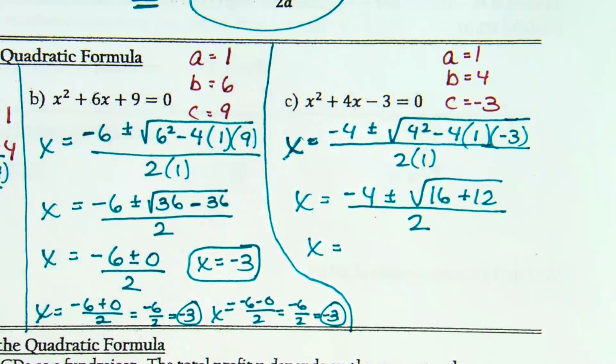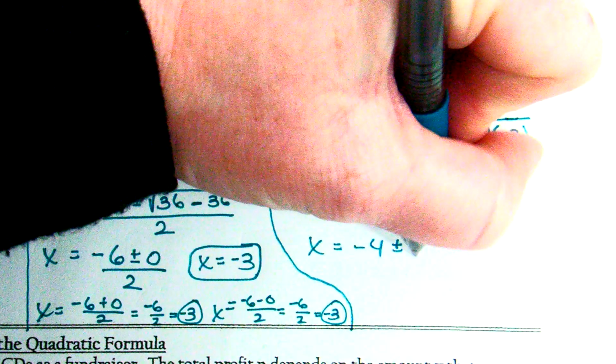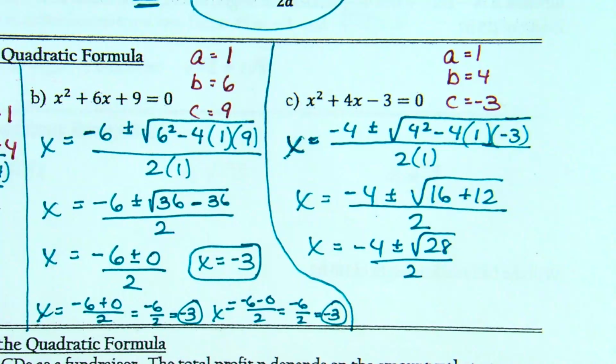They have to be put together in order to take the square root. I'm just kind of throwing out the don't do it type warning. So we do need to add under the radical. What is 16 plus 12? 28. So I have negative 4 plus or minus the square root of 28 all over 2.